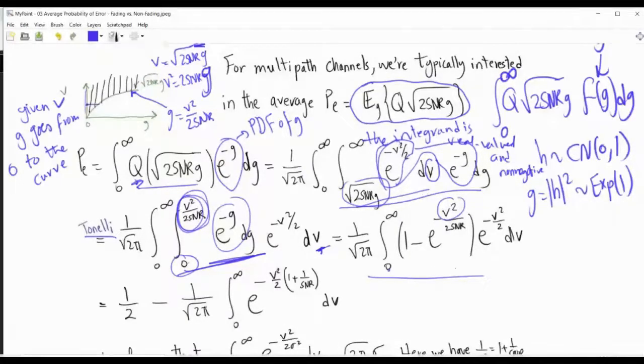So this integral can be written as two integrals. This is one of them, and this is like integrating the standard Gaussian from 0 to infinity, so this is 1/2. If this were from minus infinity to infinity, it's the Gaussian PDF and the integral is 1. This is from 0 to infinity, so you get 1/2, and then you get another integral which looks like this.